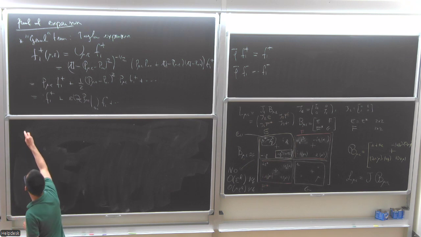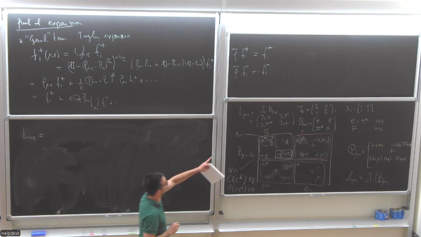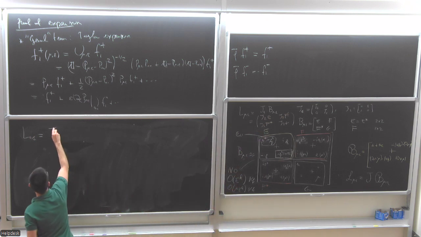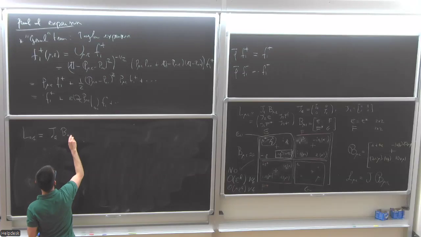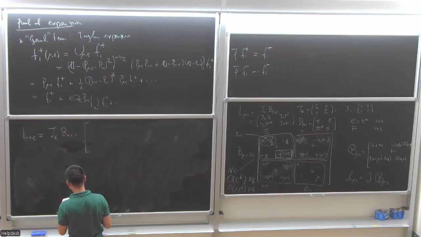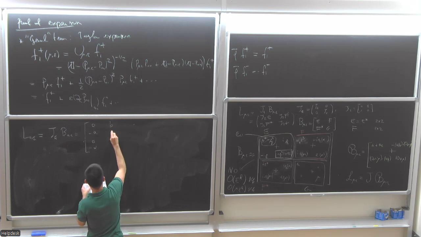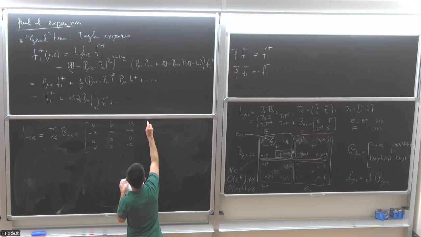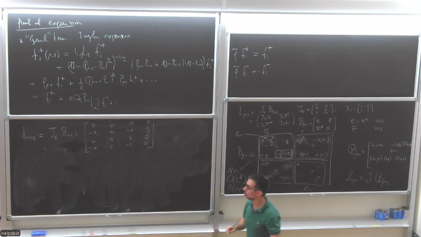So what is L0 epsilon? L0 epsilon is then here J4 B0 epsilon. This is something that you can compute easily, and this is 0, minus A, 0, minus alpha; B, 0, 0, 0; 0, minus alpha, 0, minus C; 0, 0, 0, 0. What do we know about this matrix?